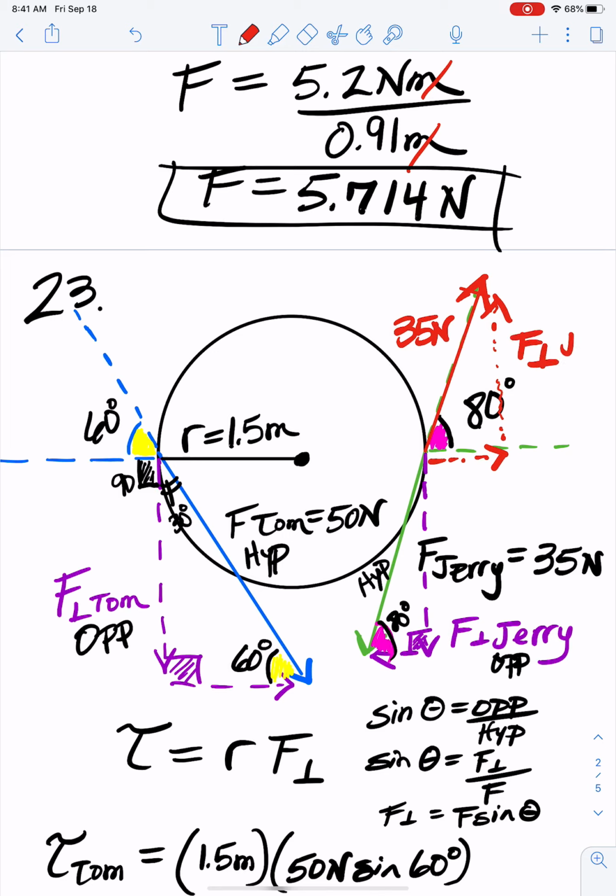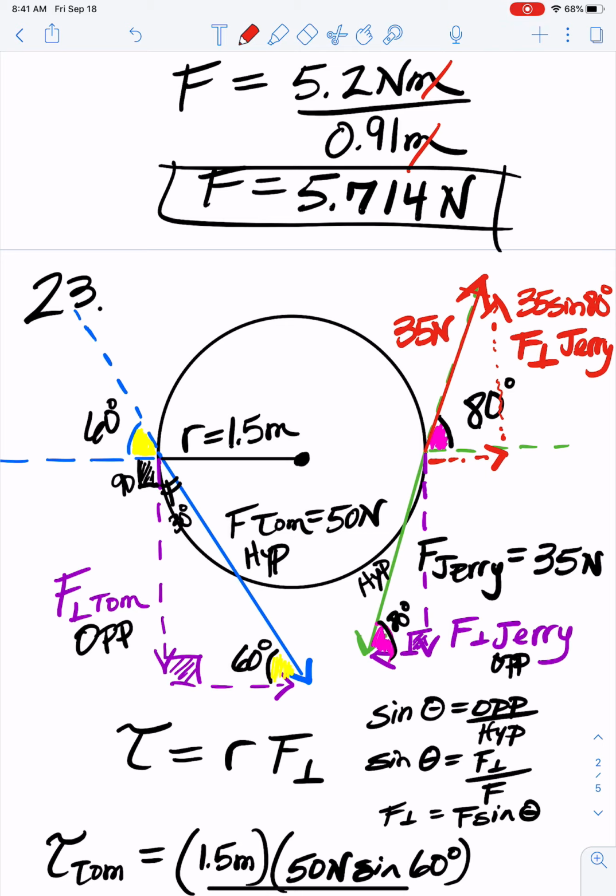All right, F perp Jerry now points this way, and it's still opposite that 80 degrees, so it's still going to equal 35 sine 80. That's still what it equals, because it's no different than the purple vector down below.